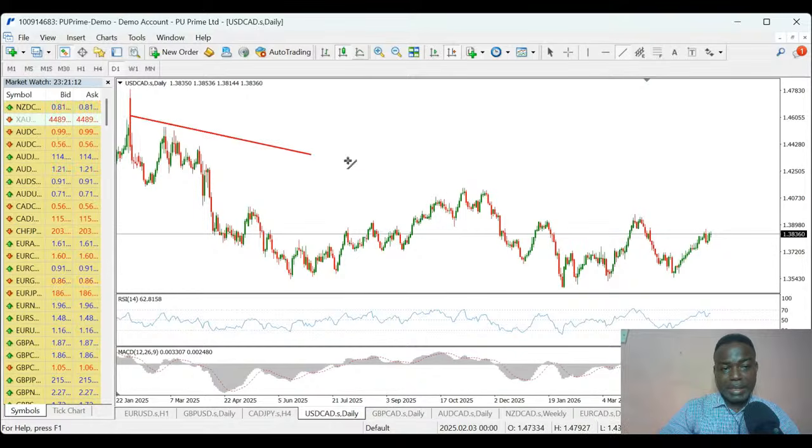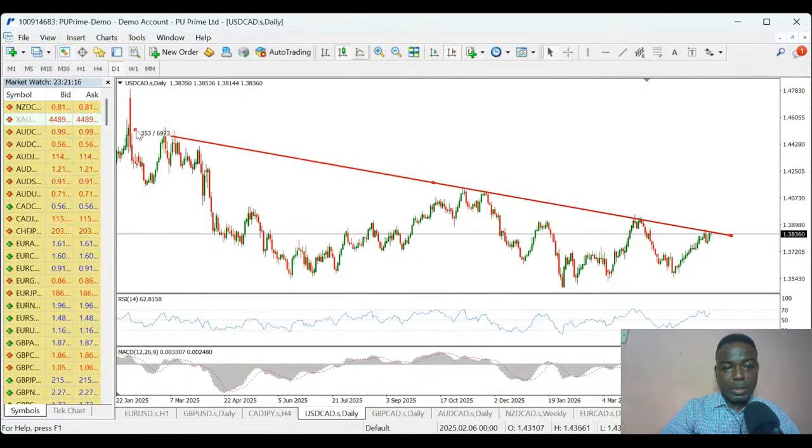Okay, I'll draw the trend line again. We have an overall bearish trend on the USD card. Here you can actually see price touching a series of lower highs, and in recent time price also touched a lower high.